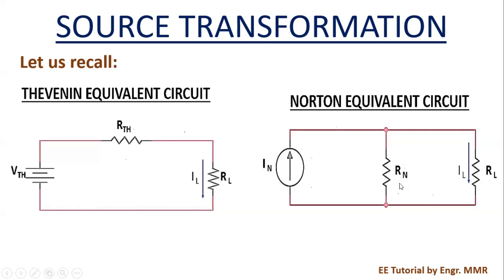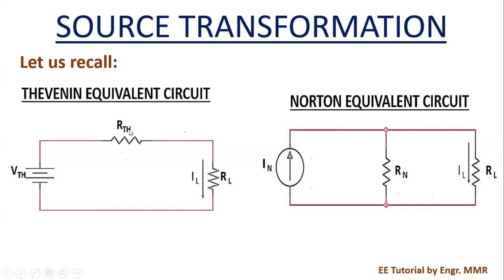Also, remember that when we solved for the RN and RTH, we used the same method in solving for them: we removed the load of interest from a very complex circuit, left the terminals open, and then set all the sources to 0.